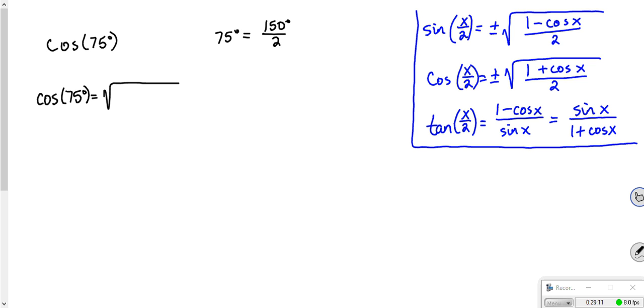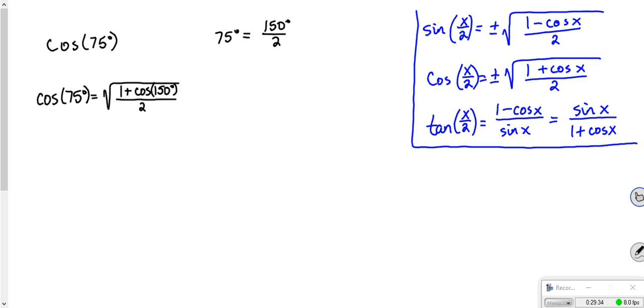So it's the square root of 1 plus cosine 150 degrees over 2.